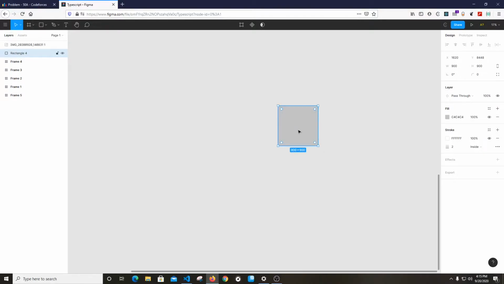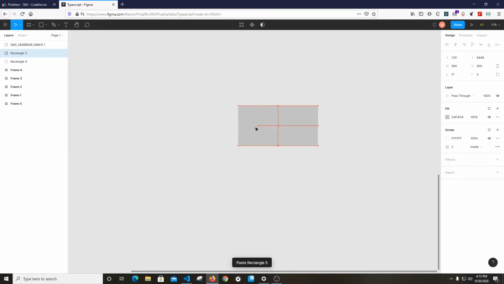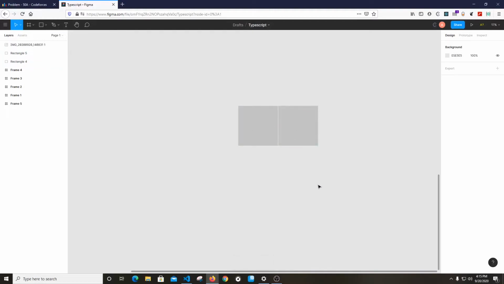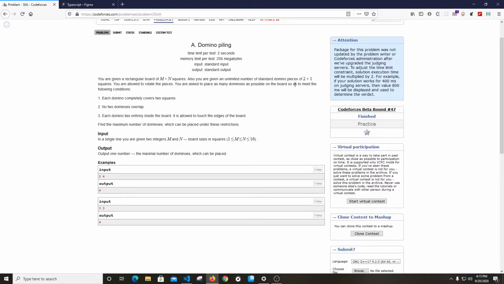So let's say this is a rectangular board, and here m is 1 and n is 2. Alright, and we can make dominoes out of it. They said that the size of the domino is 2 times 1.